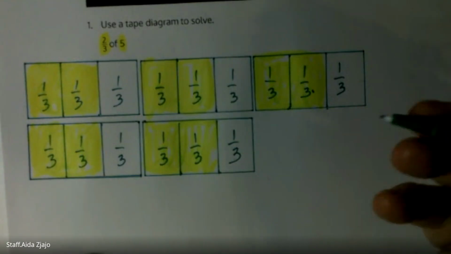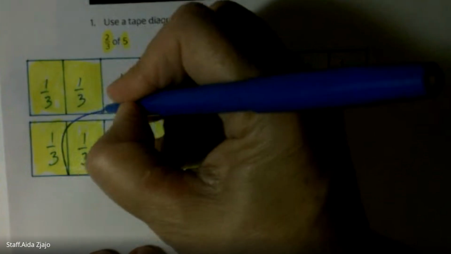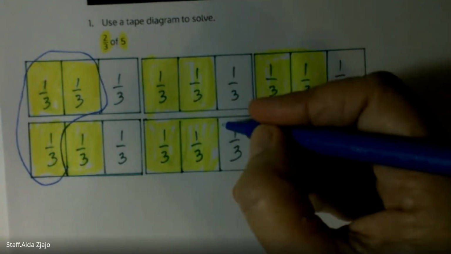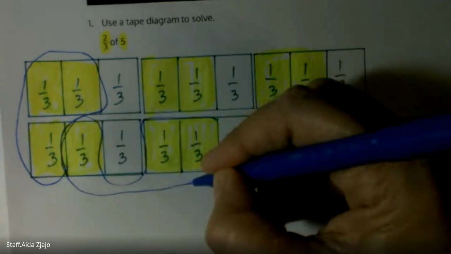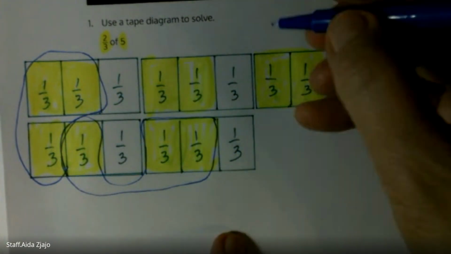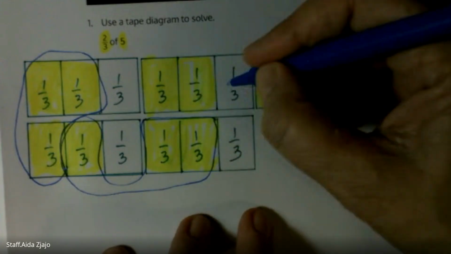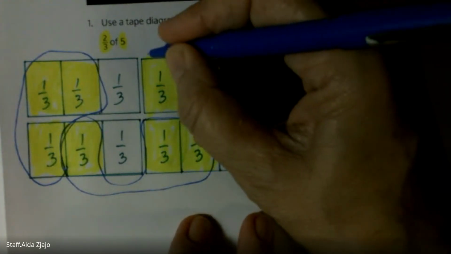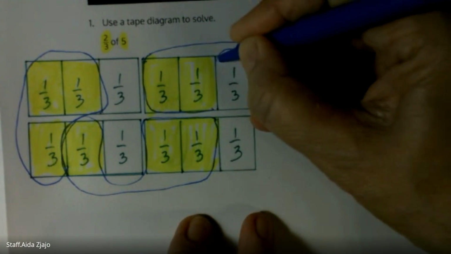Or you can just say, okay, let's see, blue. You can say, these 3 will make a whole batch, and then these 2 and this one will make another whole, and then these 2 thirds and 1/3, these 2 and this one will make another whole.